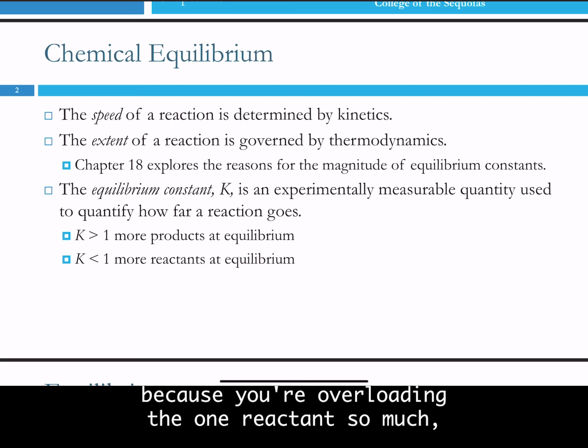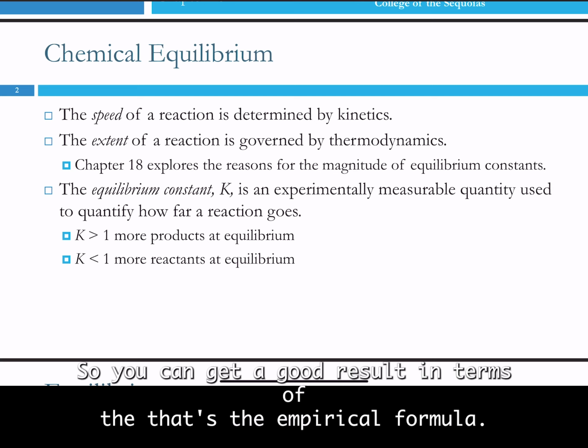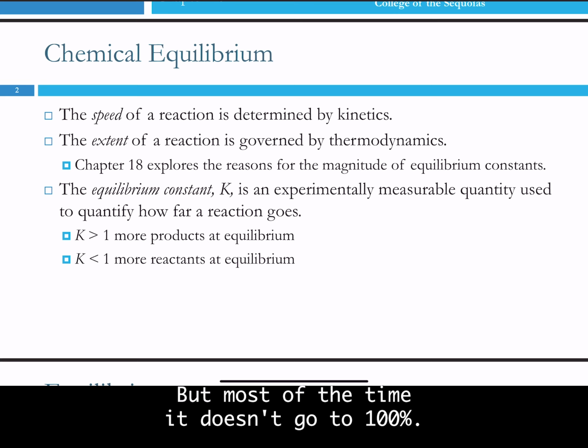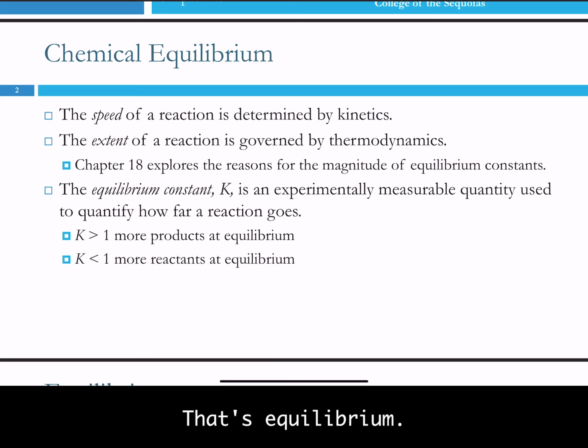Because you're overloading the one reactant so much, it pushes that reaction almost to 100%, so you can get a good result for the empirical formula, calculating how many iodines per zinc. But most of the time it doesn't go to 100%. So how do we know how far the reaction goes? That's equilibrium, and we'll look at K.